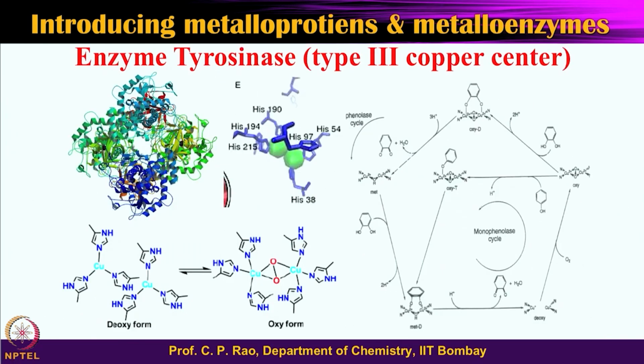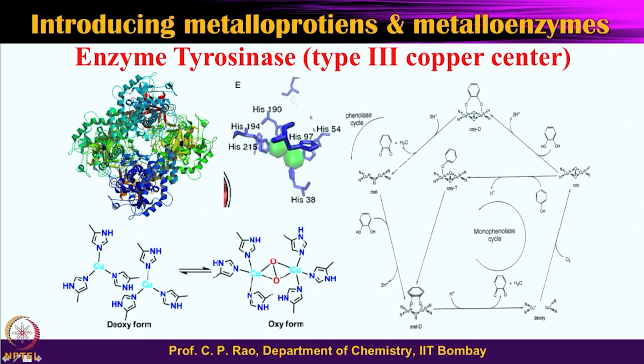Now, let us look at the enzyme tyrosinase. Tyrosinase has a type 3 copper center, with 2 copper centers present together. This particular tyrosinase has a tetrameric structure, as you can see, and each unit has the reactive center.